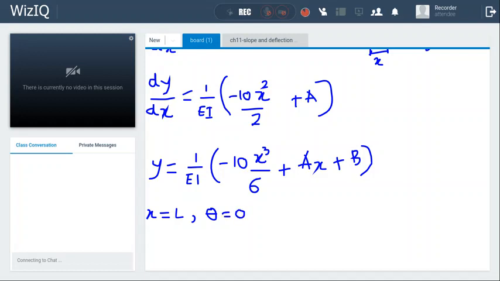When we substitute this condition here, we will get this value 0, and here you will substitute x equal to L. So we can say that from here this is 0, 0 equal to minus 5, and this L is 2 meters suppose.